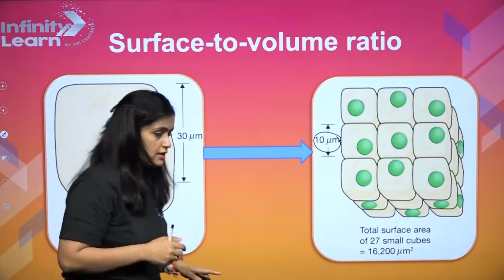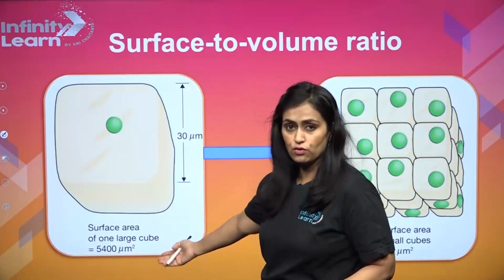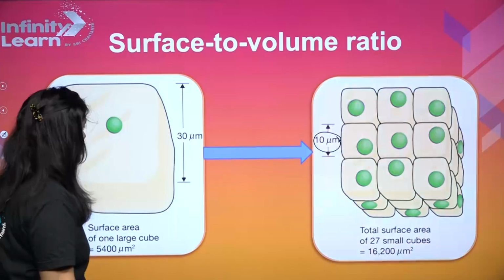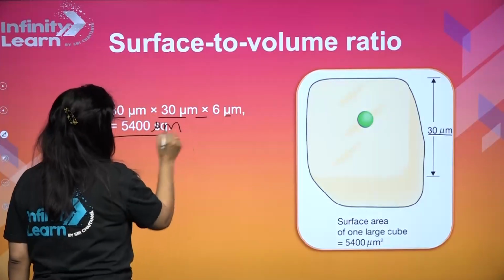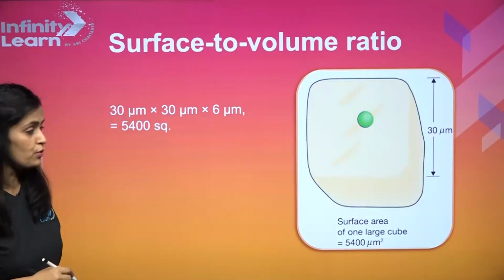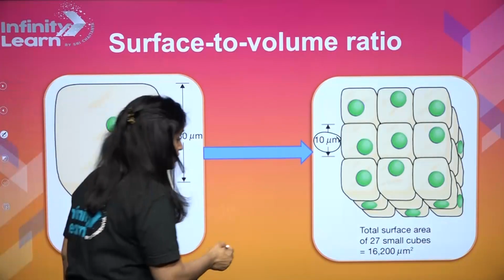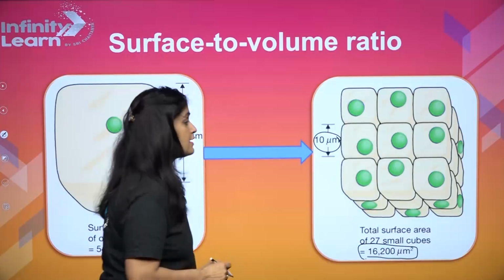Previously, the surface area was near about 5,400 square micrometers. We have seen how it came. Now, we have divided this and the surface area has come to near about 16,200 square micrometers.